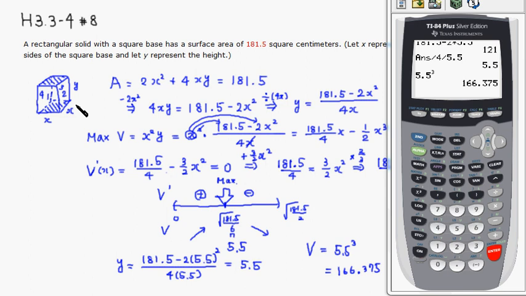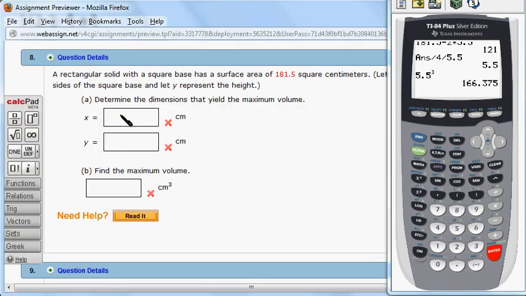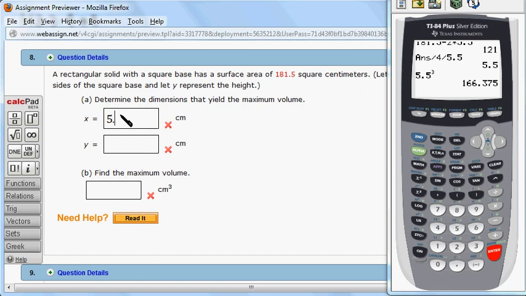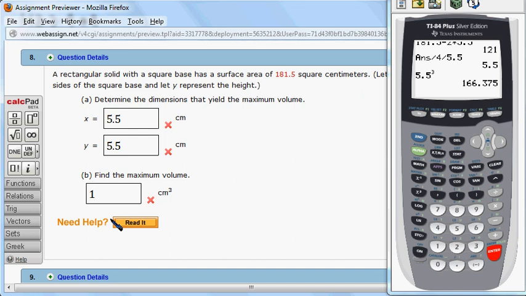Alright, so x is 5.5 and y is also 5.5. Then the largest volume is 166.375.